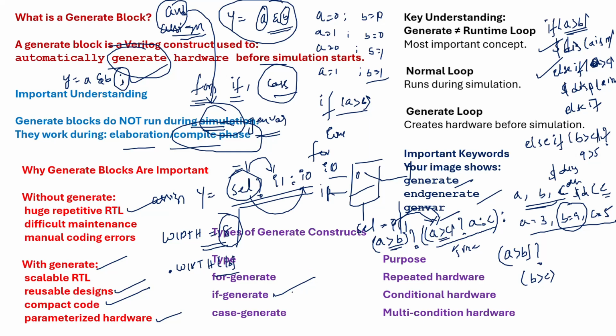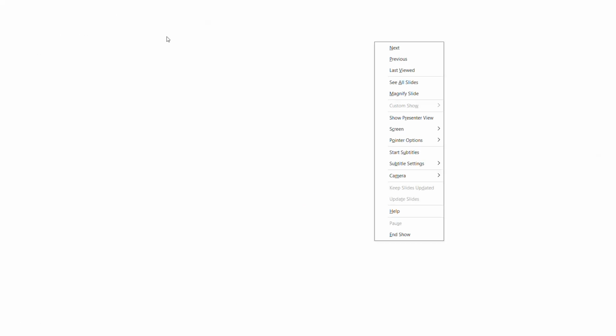Then the case statement. What is the case statement? How can we consider the case statement? Suppose I'm taking the case value, this is the select signal. Depending on the select signal, if you take 00, I get I0 as the output, or if you take 01, I1 is the output.